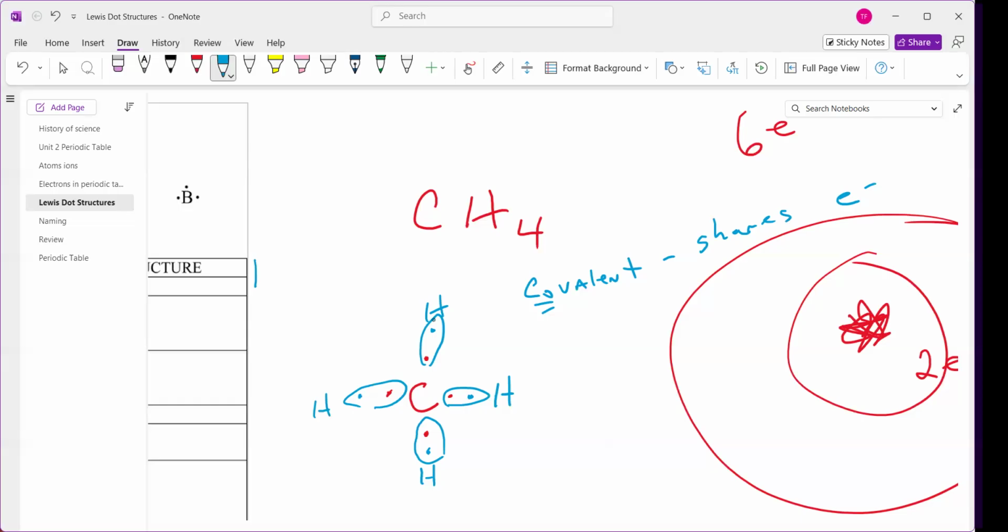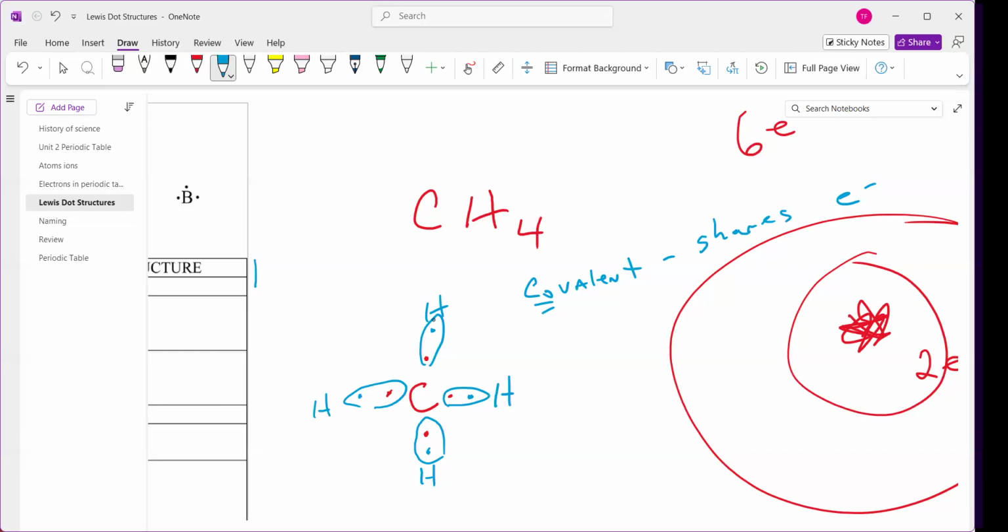Okay, and then the last step is to take the bonds. Oh, let me back up one. Then we count the shared electrons for carbon, which is 8: 2, 4, 6, 8. People call that an octet. Now, the problem is it doesn't apply to hydrogen, because hydrogen can only have 2 electrons total.